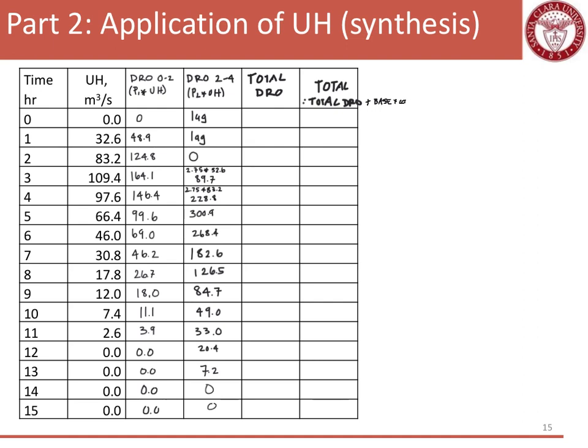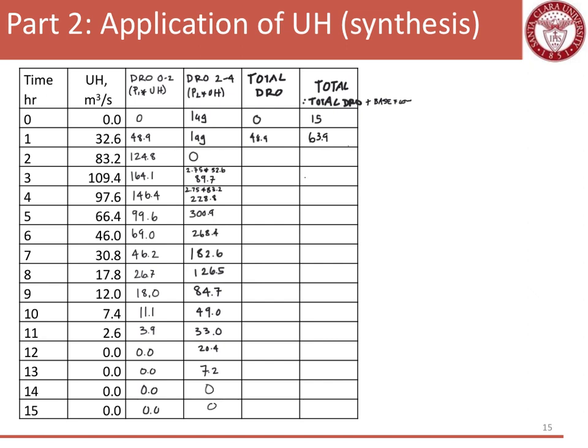All right, so my total DRO, pretty simple to start. It's going to be 0, and therefore my total is 15. My total DRO at hour 1 is 48.9. So my total DRO for that time is 63.9.